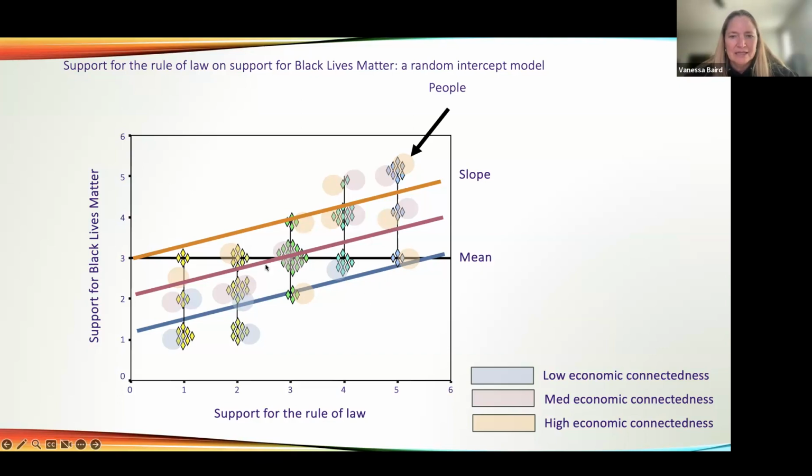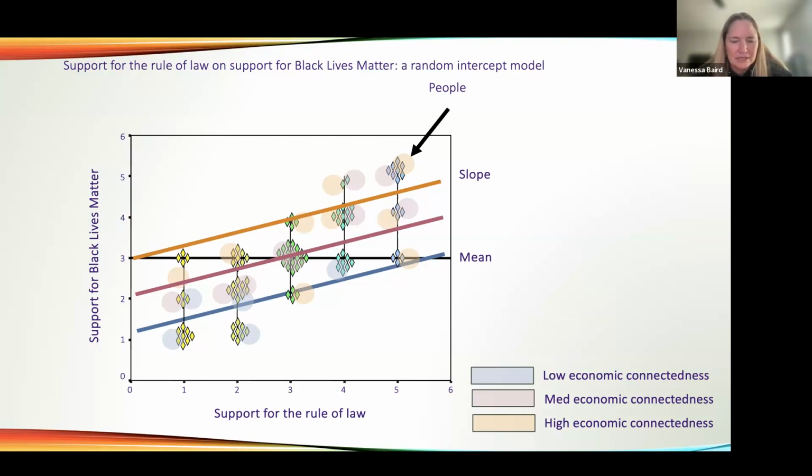And in this case, by the way, this is a picture, this is fake data. This is a picture of what would be considered a random intercept model. And the word random is kind of irritating. Random means it's allowed to vary, so because the rest of the world uses random intercept, I'll use it too.